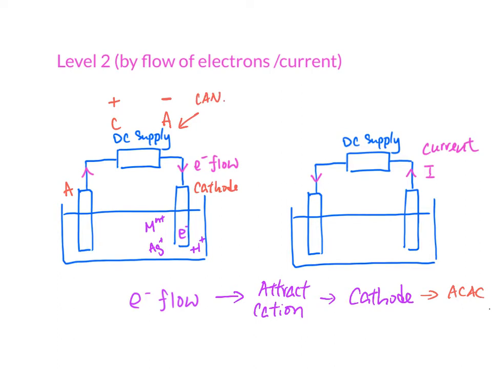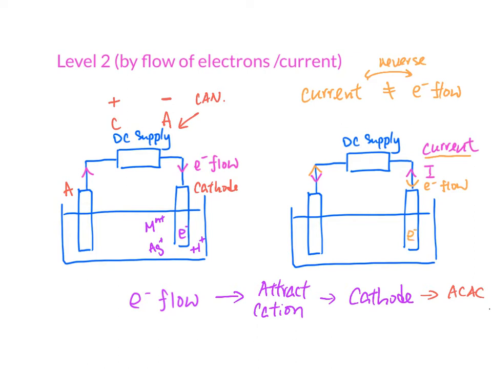Sometimes we are using current. The question will show current. You just have to know that current and electron flow are not the same. They are reversed to each other. So when you see that we got a current, first of all, you use a reverse arrow to represent the electron flow. So the reverse arrow, you know that is the electron flow.